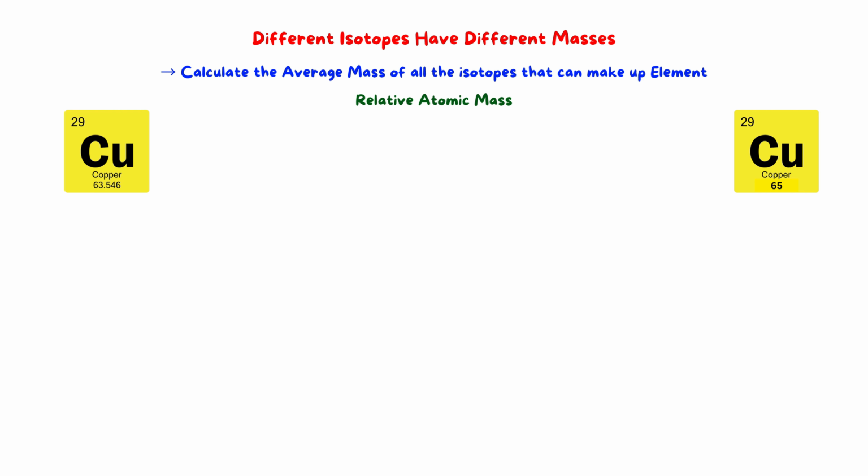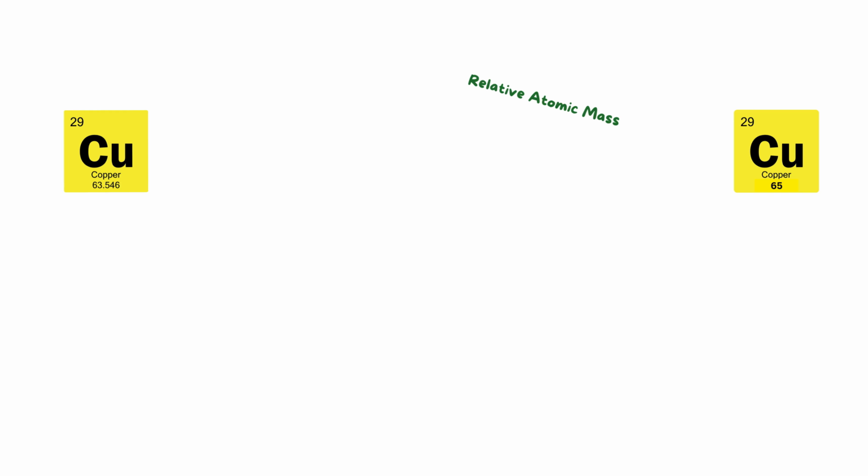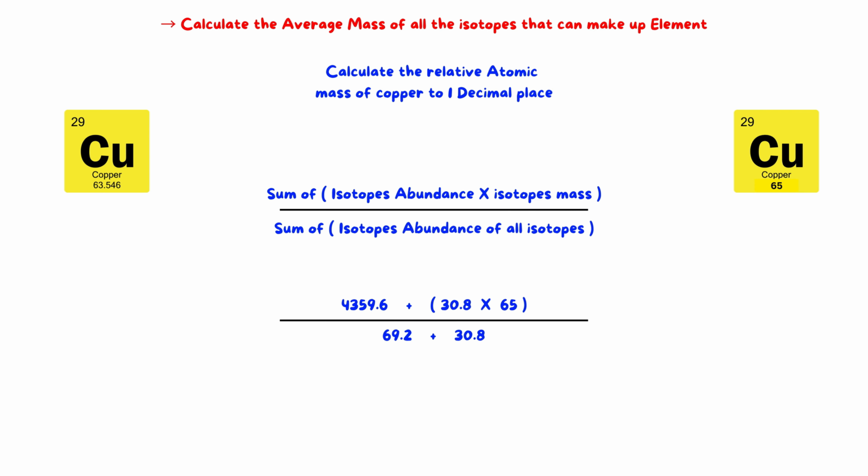To calculate the relative atomic mass, you need to know 2 things for each isotope. First, you need to know the mass number of the isotope, and second, you need to know its abundance, which refers to how common or rare that isotope is in nature. For example, let us look at copper. Copper has 2 naturally occurring isotopes.